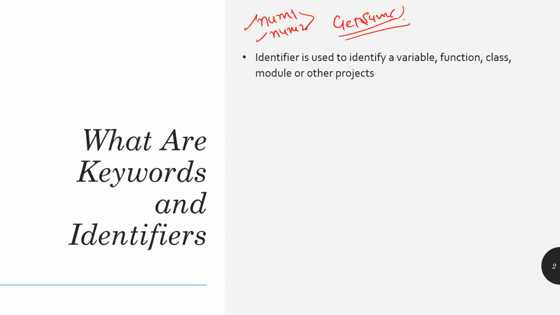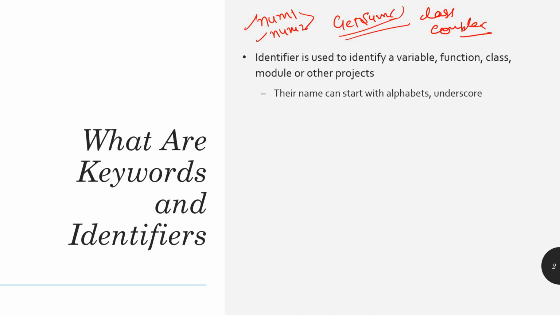So this is the identifier. Any function name is an identifier, any variable name is also an identifier. If you write a class name, suppose class Complex, then this name of the class is also an identifier.